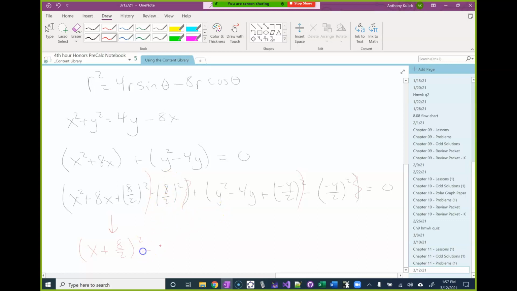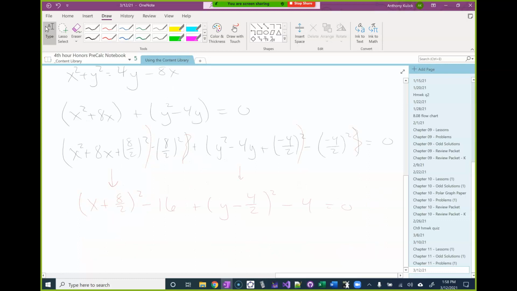And then I still have this, which is 16. This piece is going to factor to y minus 4 over 2 squared. And then this piece is 4. Now 8 over 2 is just 4. And 4 over 2 is just 2. And negative 16 and negative 4 is negative 20. And when I add it to the other side, it's positive 20. And there we go.